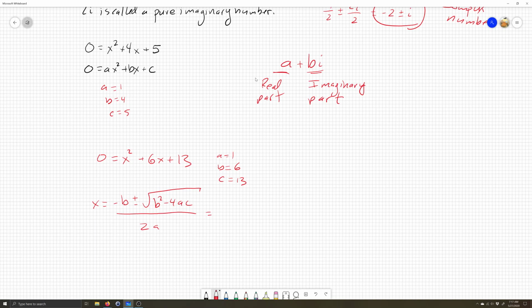And so then this is -6 plus or minus the square root of 36 minus 4 times 1 times 13 over 2. 4 times 1 times 13 is 52, and 36 minus 52 is -16.